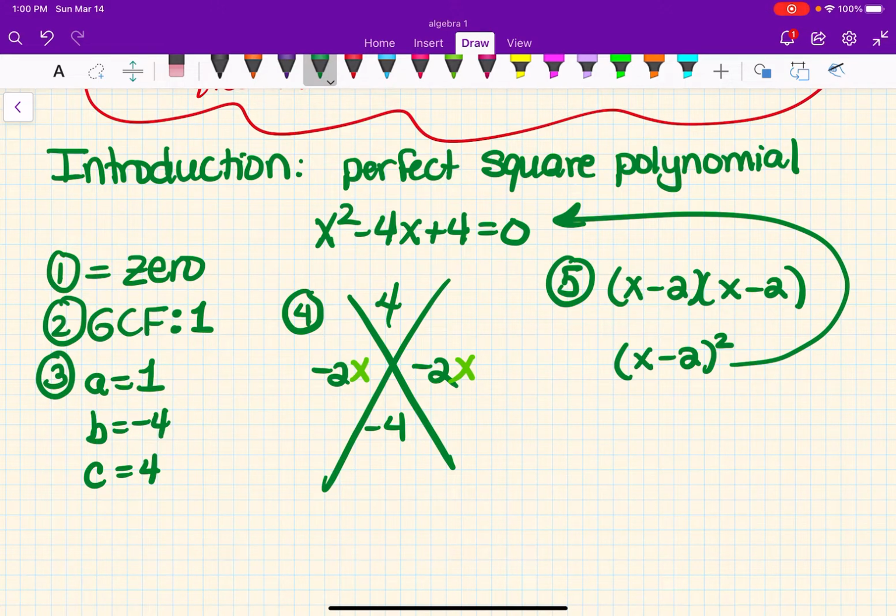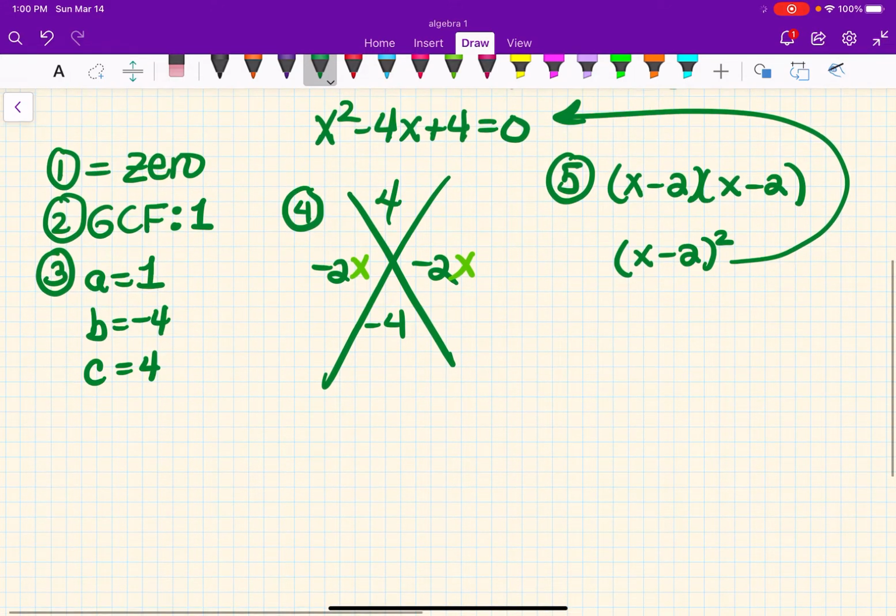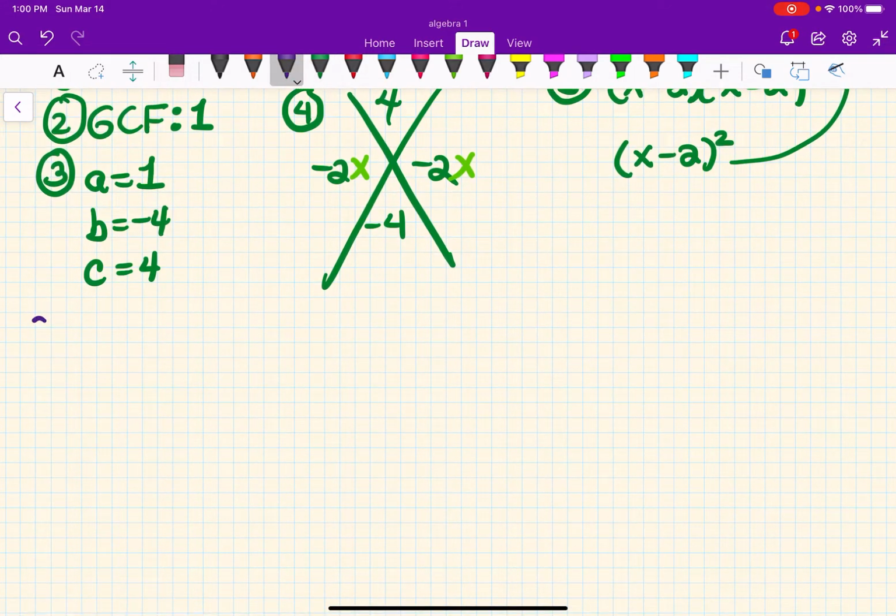We are going to force every polynomial into a perfect square. We're going to use algebra to make it into a perfect square. So our goal for this, and why we're doing this, depends on your thinking. Some people are like, I don't care, I'll just follow the steps.